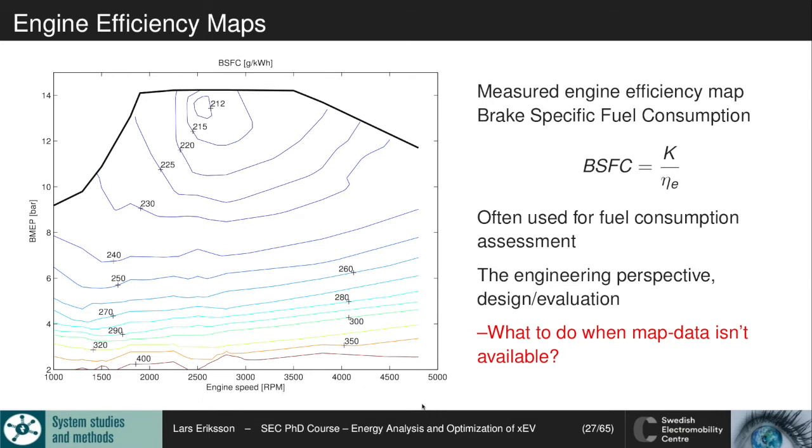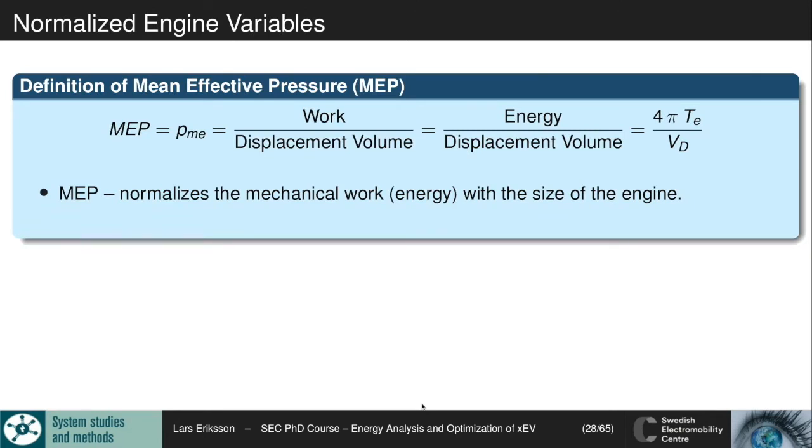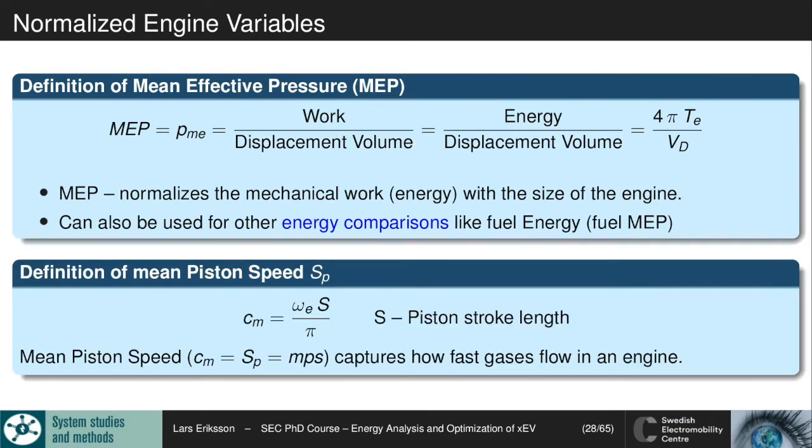In these two domains we have the mean effective pressure for the load domain, and for the speed we have either engine speed, or in this case the mean piston speed, which is a normalized engine speed variable. The mean piston speed is a dear child with many names: we have S_P, c_m, or MPS. Those are variations of the same concept that is used in the literature depending on who the author is.